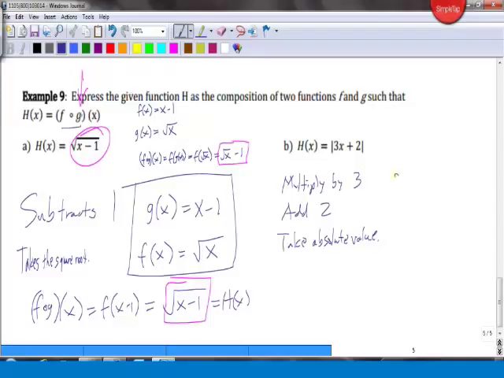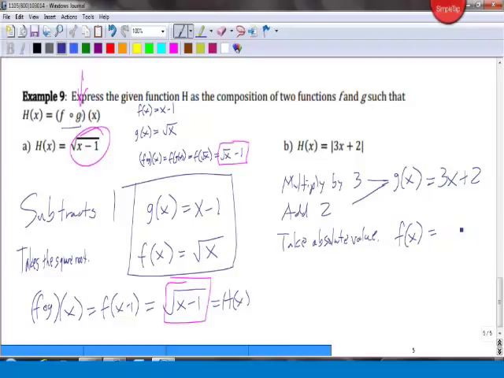G of x equals 3x plus 2. That would be one way to do it. Letting g do the first 2 out of 3 operations and send it on down the line so that f, all it has to do is what? F's got a cush job, because maybe half the time it doesn't have to do anything at all, right?